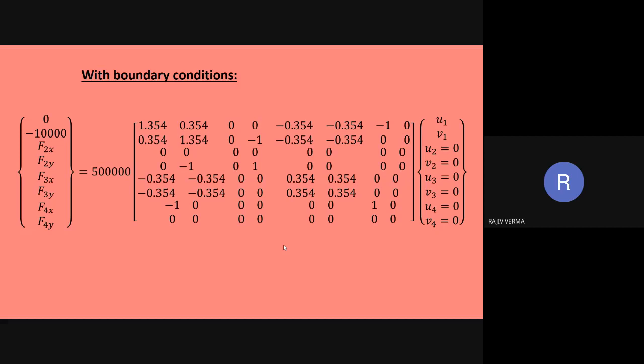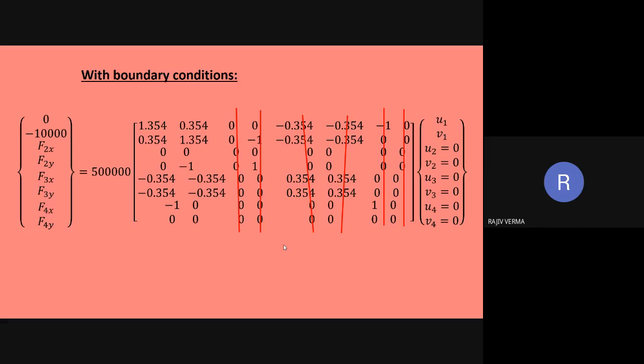All the displacements corresponding to U2, V2, U3, V3, U4 and V4 are simply 0, which basically means that all the terms of the third column are being multiplied by 0. Similarly, the fourth column, fifth column, sixth column, seventh column, and the eighth column. All these columns are basically multiplied by 0.